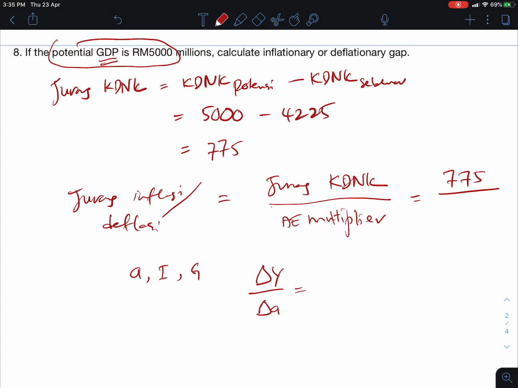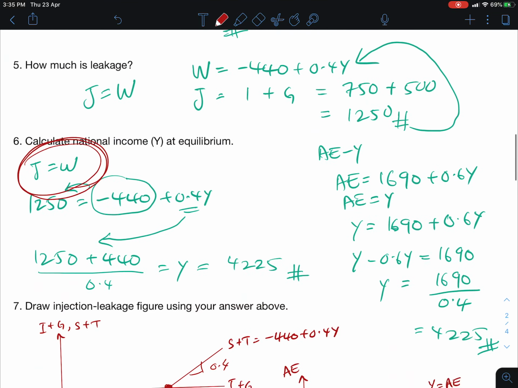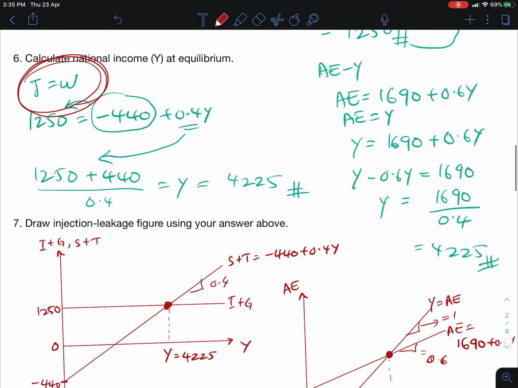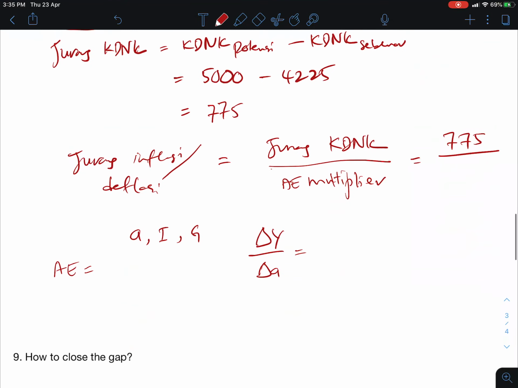This AE, so you need to take the AE function. AE equal to, remember AE? $1,690 plus 0.6Y. That's AE. Right?